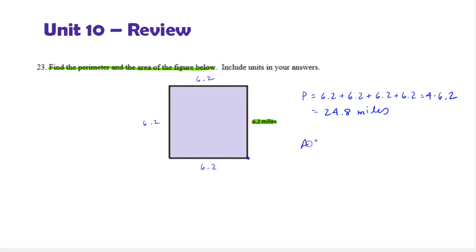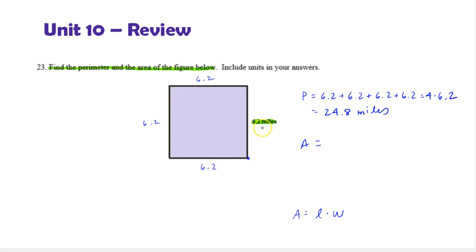Now, what is the area? Well, the area is going to be side times side. Okay, you could think of cutting this into 6.2 equal pieces. Okay, and you could also think of it as a square is a type of rectangle. So it's the length times the width for a rectangle.